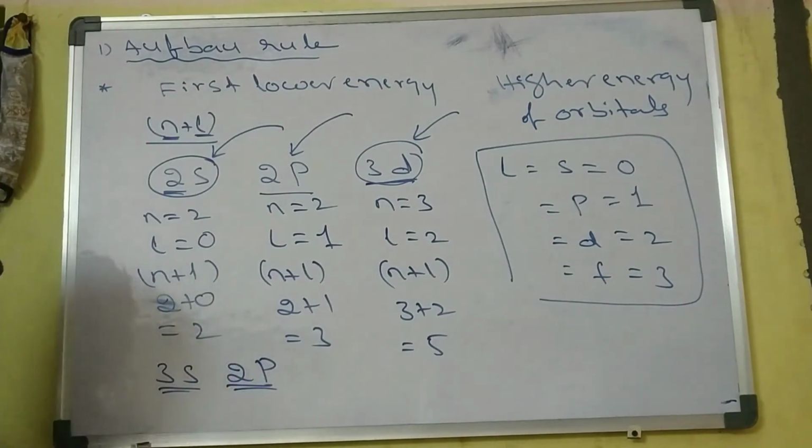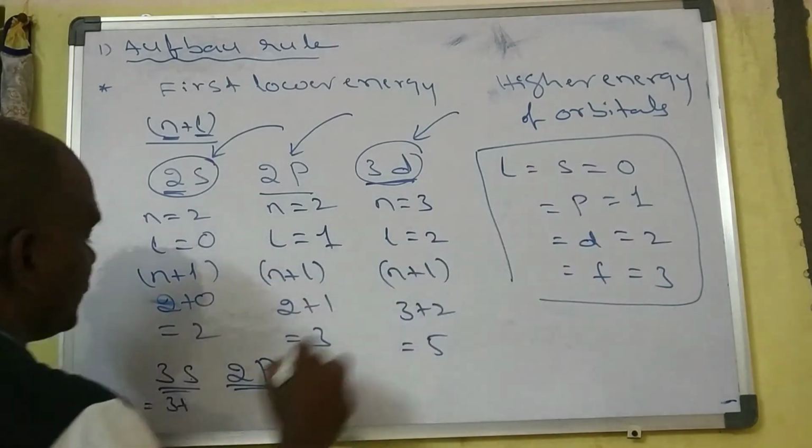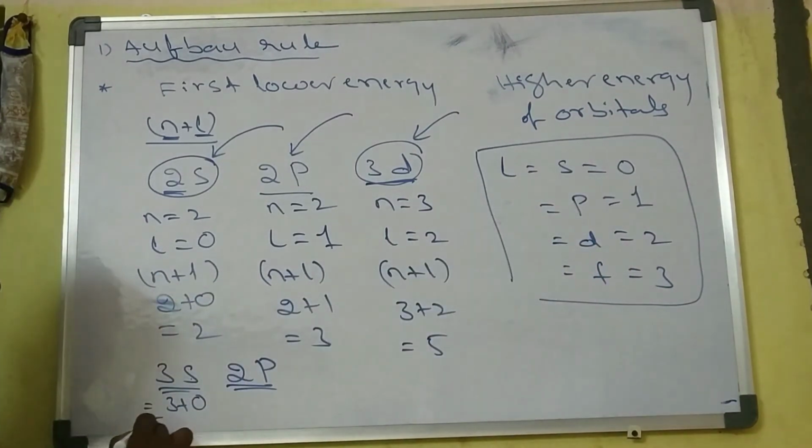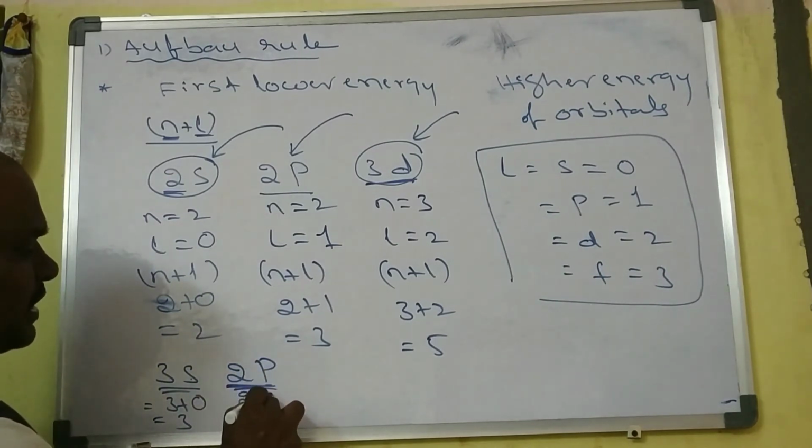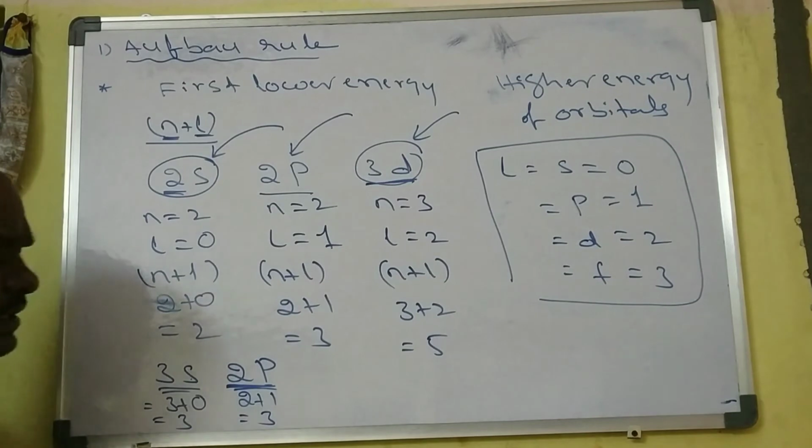Here for 3s, N is equal to 3. For s orbital, the L value is 0, so 3 plus 0 is equal to 3. For 2p orbital, N is equal to 2, the L value is 1, and 2 plus 1 is equal to 3.